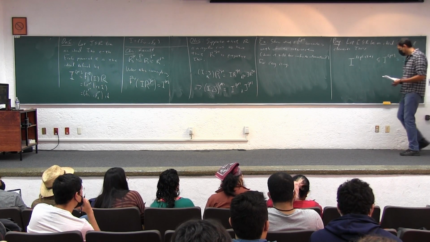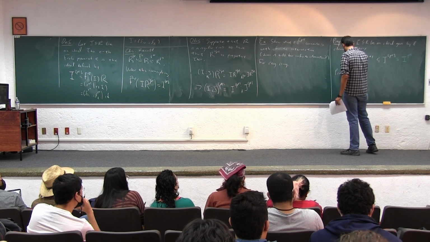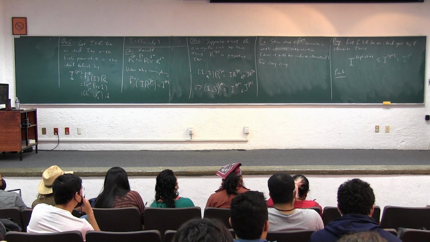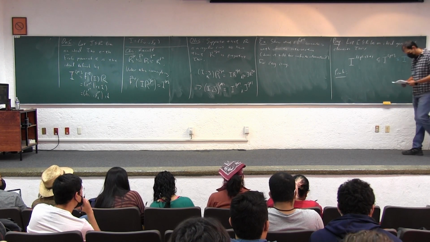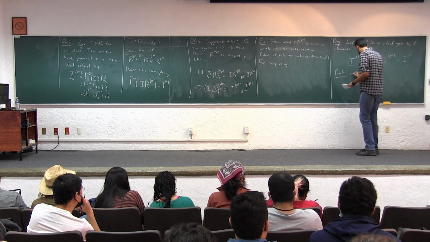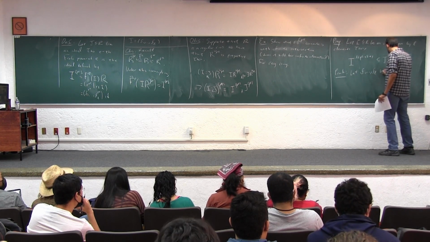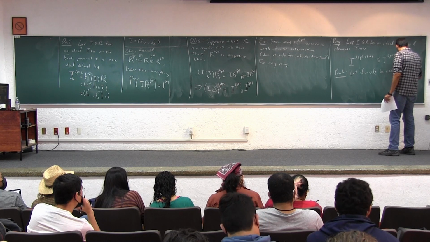Okay, so let's do a proof. And this is surprisingly simple. It is like the pigeonhole principle. So let f_1 through f_l be a set of generators.